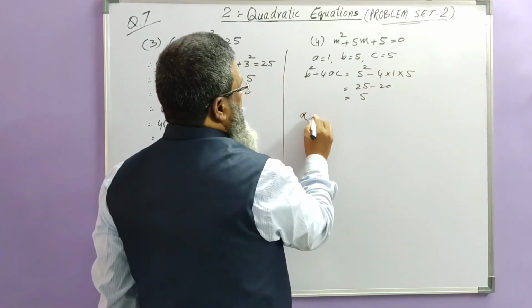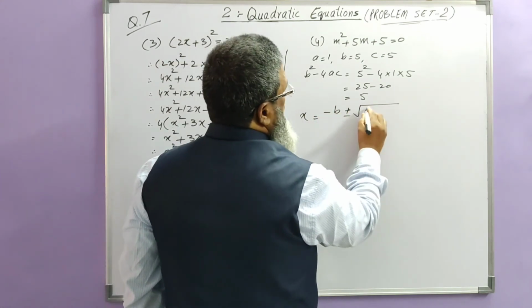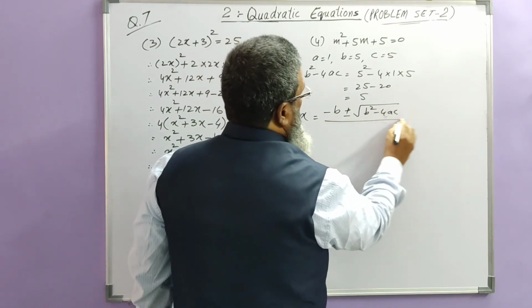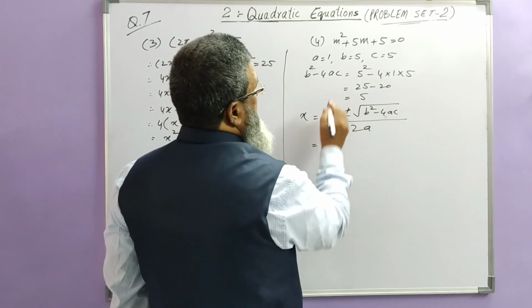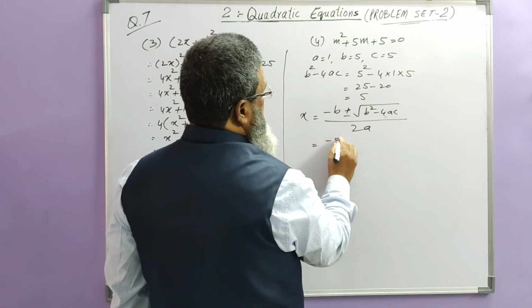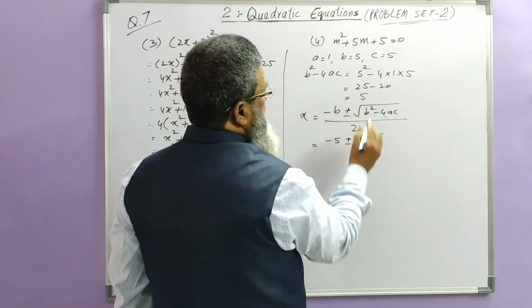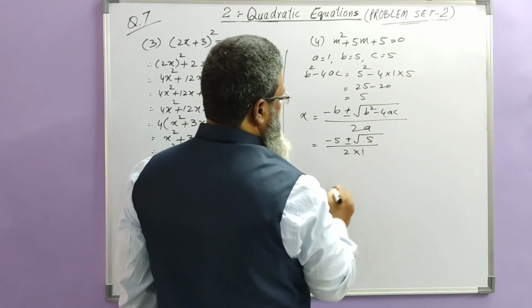What is the formula? x is equal to minus b plus minus root b square minus 4ac upon 2a. So minus b is minus 5, plus minus root b square minus 4ac is 5, upon 2 into a is 1.